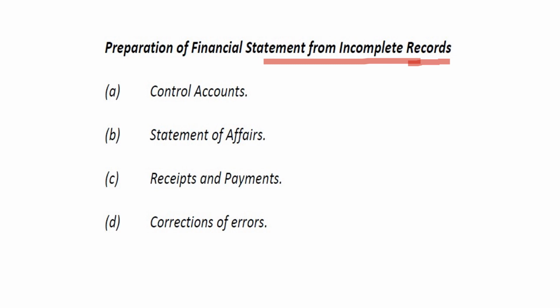Okay, it includes control account, statement of affairs, receipts and payments, and correction of errors. So all these you need to be able to do in order to prepare financial statements from incomplete records.